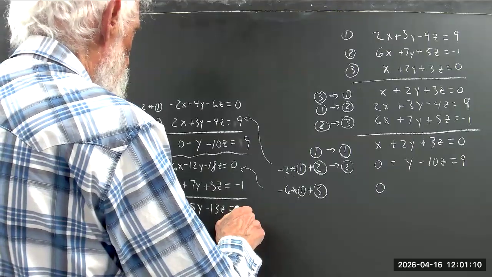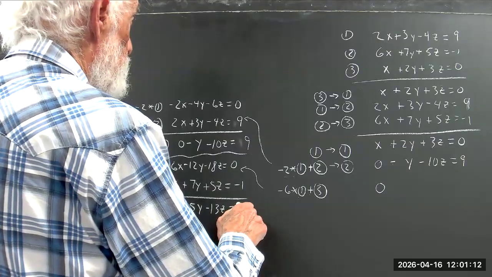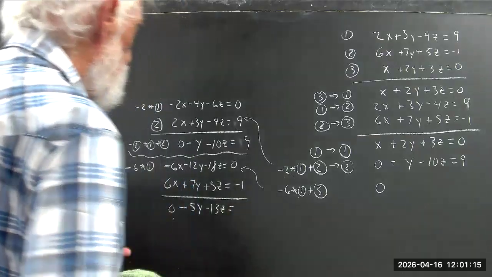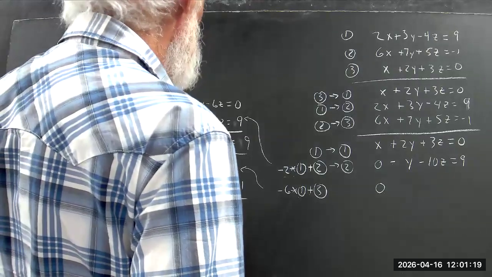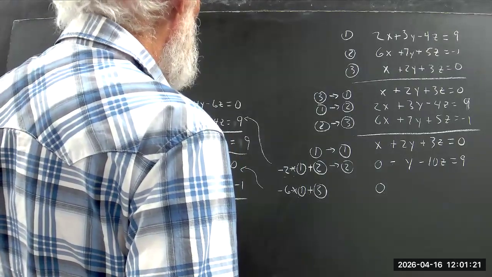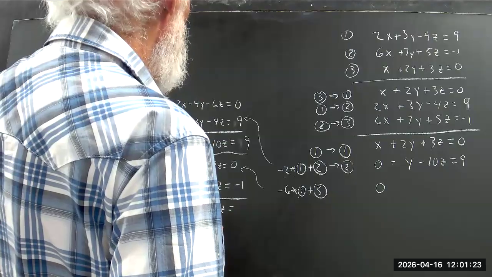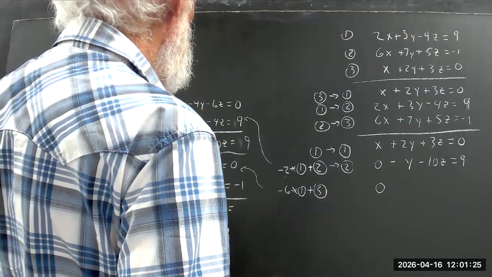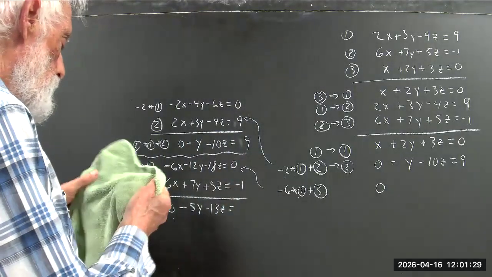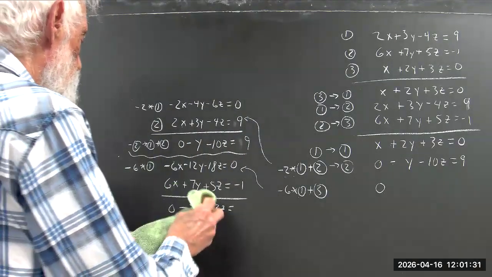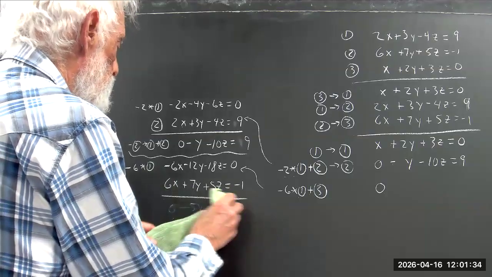There's something wrong there too. I'm going to have to figure that out. And that equals, see what I did? I don't think it's going to help. Okay, I pretty much did everything wrong when I multiplied -6 by equation 1.